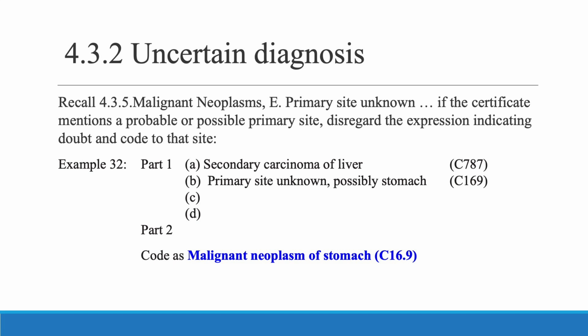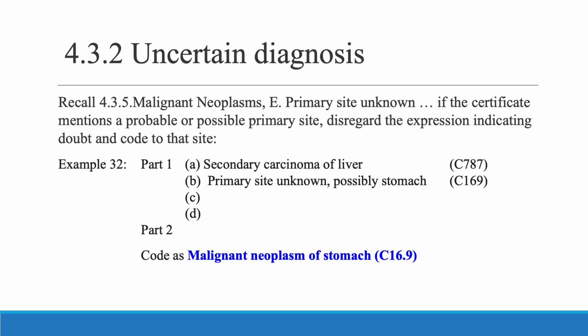Recall from Section 4.3.5, malignant neoplasms, letter E, primary site unknown. There's an example there, example 32, where it says in Part 1, on line A, secondary carcinoma of liver, on line B, primary site unknown, possibly stomach. The instruction at that part of Volume 2 is, if this certificate mentions a probable or possible site, disregard the expression indicating doubt and code to that site.